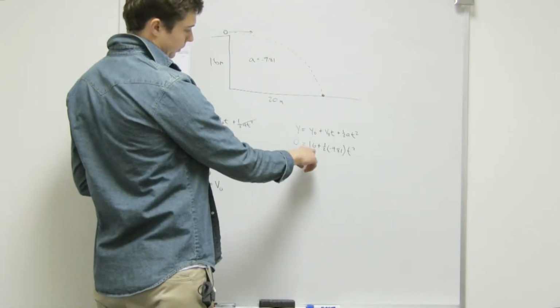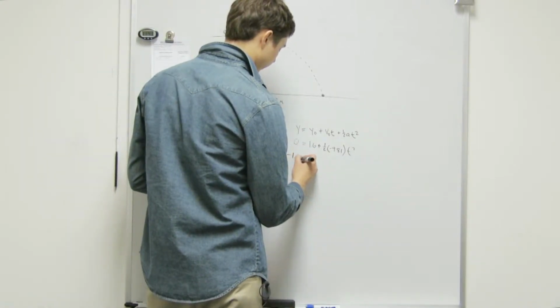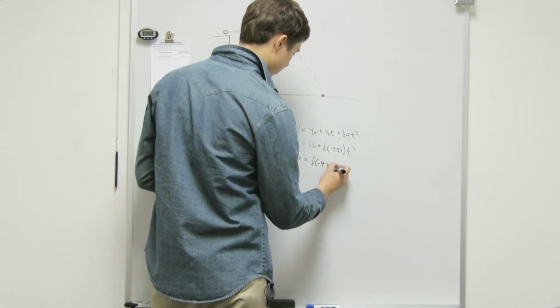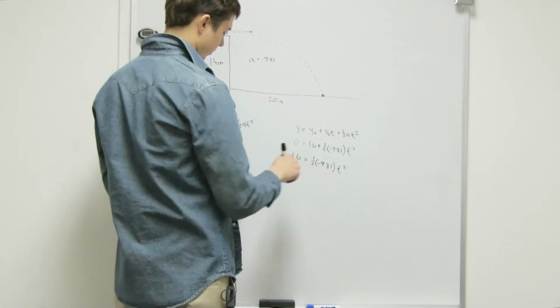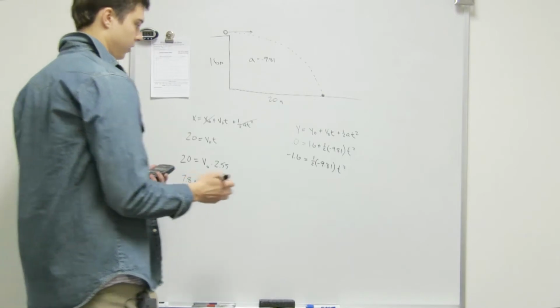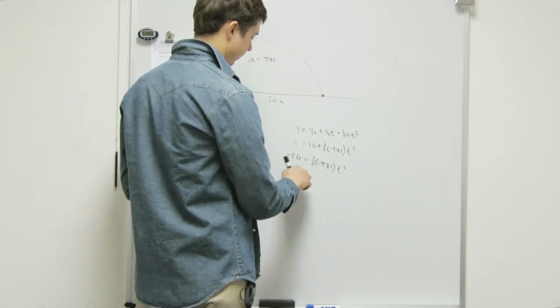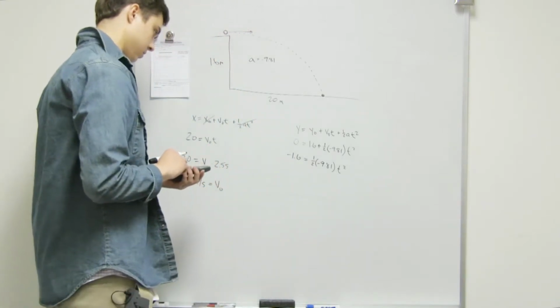So the first thing we do is we get that 1.6 over to the other side. So we'd have negative 1.6 equals 1/2 negative 9.81 t squared. We can combine these two terms and we get negative 4.905. So then we add that over because it's negative, so that's where I messed up. That's what I did there when I got negative 6.5.